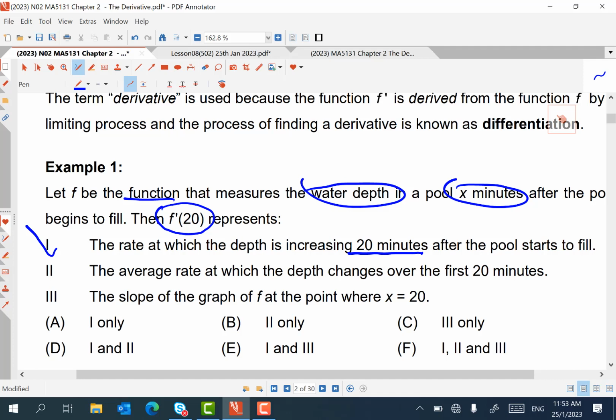How about the second one, Jethro? Do you think it's true? Yeah, you're right, it's not true. How about the third one? Is it true? Jethro says it's true for the third option also. So for that reason, he has picked E as the answer. And he's right!